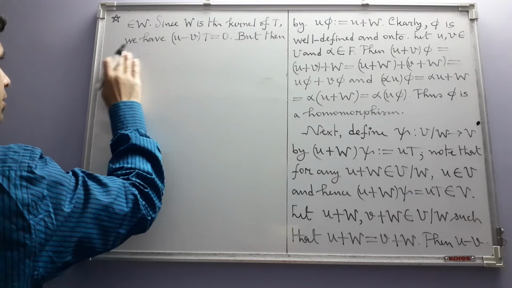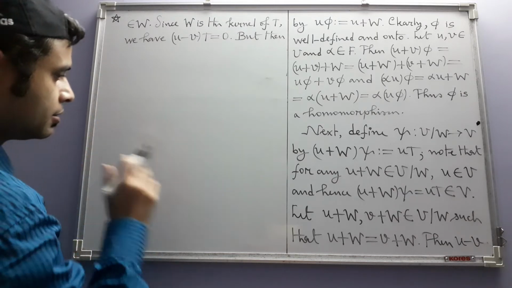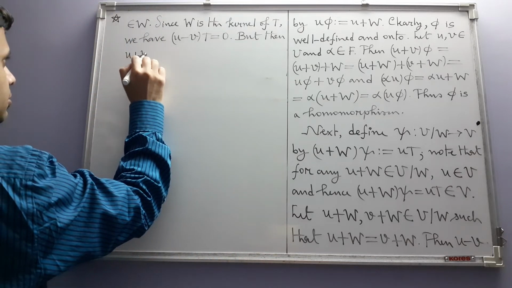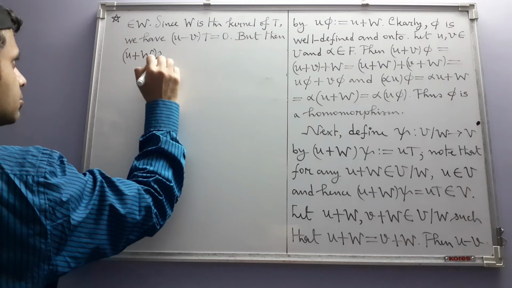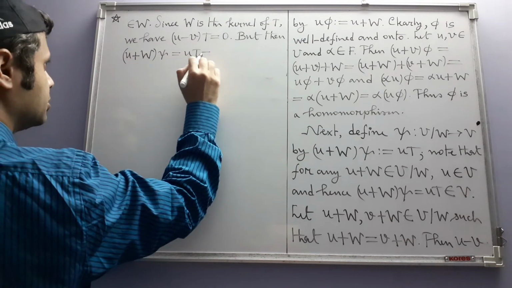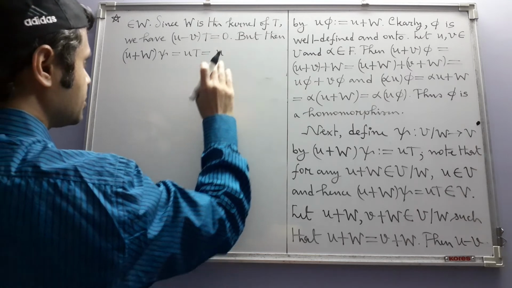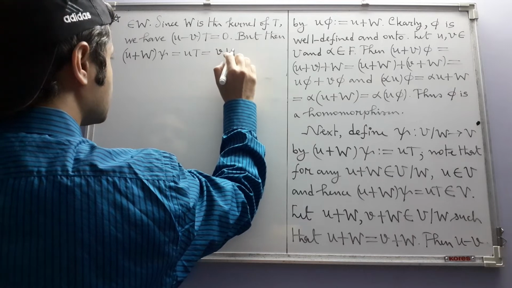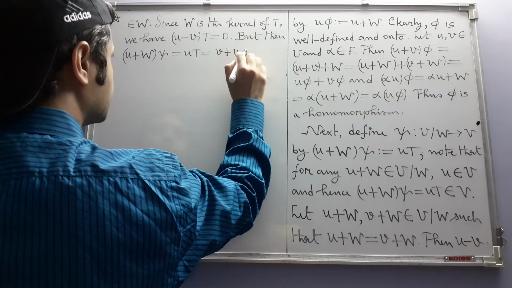But then uT is, in fact let's write the final thing. (u plus W)psi is equal to uT by definition. Now in place of u we can write v plus (u minus v).